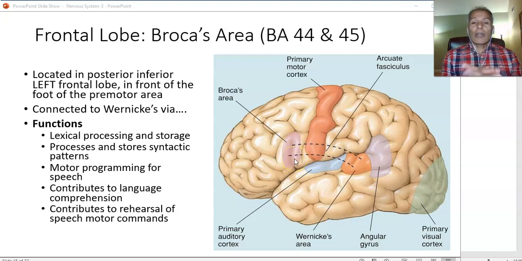What Broca's area does, in addition to having the lexicon and the grammatical rules, and identifying grammatical categories and so on, is that it has the program for motor activation of speech. When I say program, it means it doesn't move things.